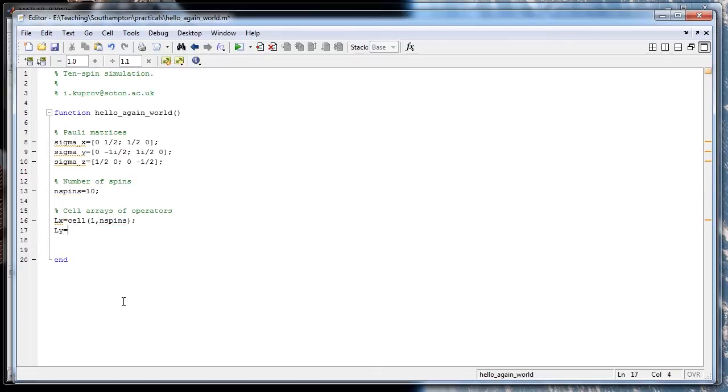Similarly, Ly will be cell 1, n spins. There's a comma here, and likewise for the Lz. And so what we can now do is populate those things with our matrices, the ones that we will be making.